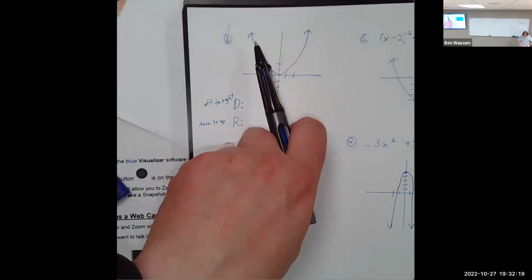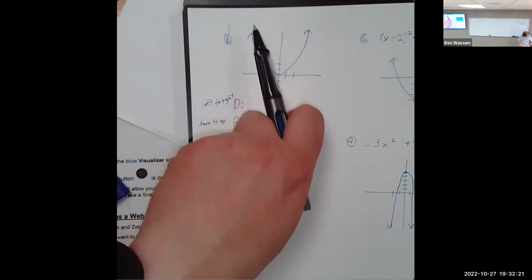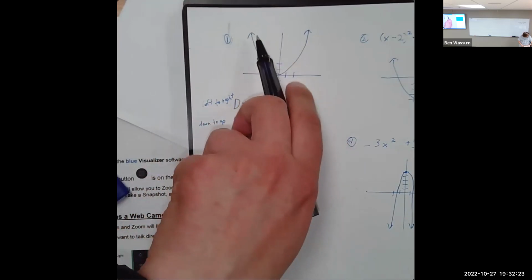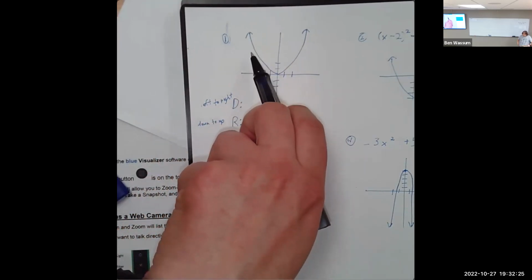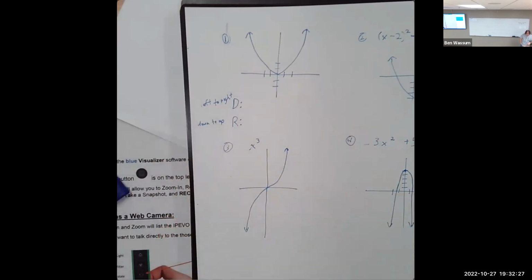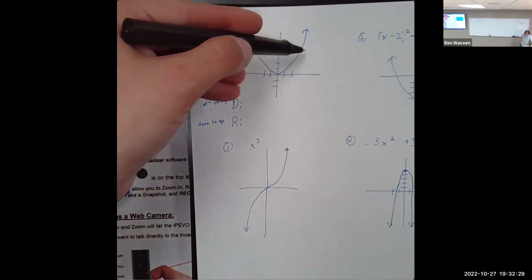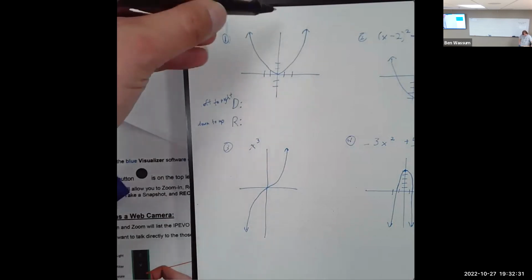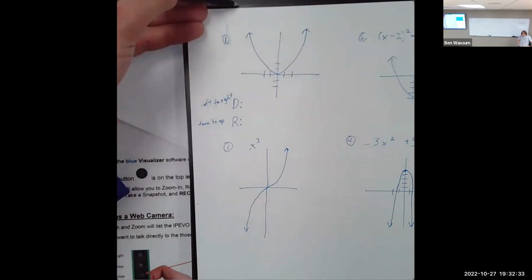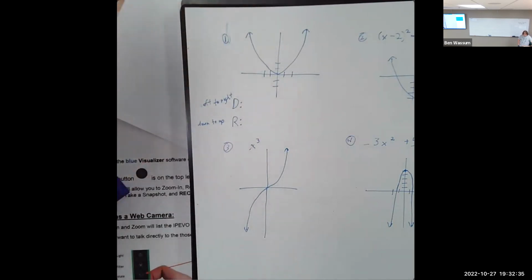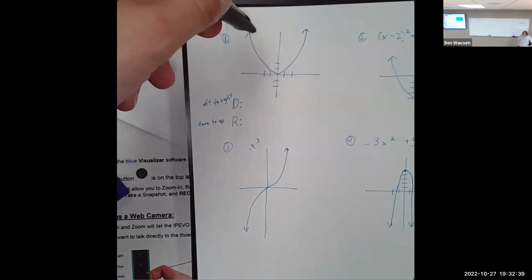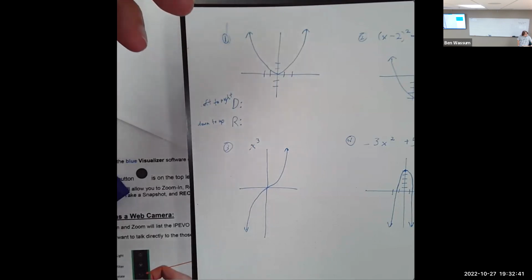this guy's going up like this, right? And that little arrow there means it's going on forever. So the question is, domain-wise, left to right, does this ever stop going to the left? If I had y equals x squared, could I plug in negative 5 billion? Yeah, I could square that.